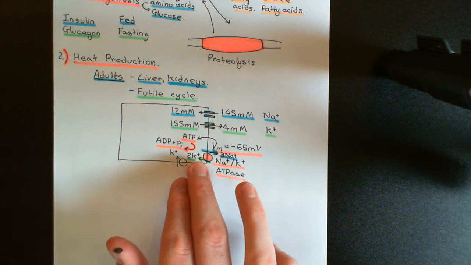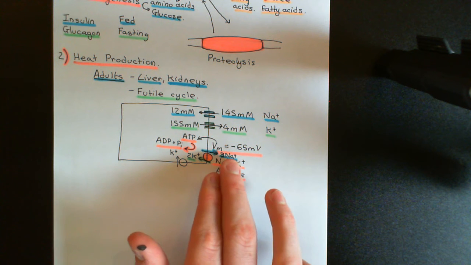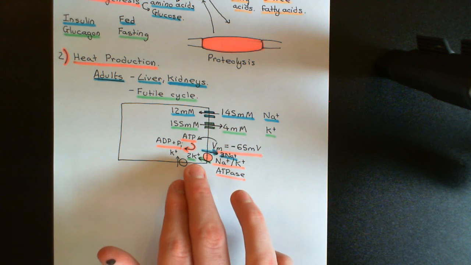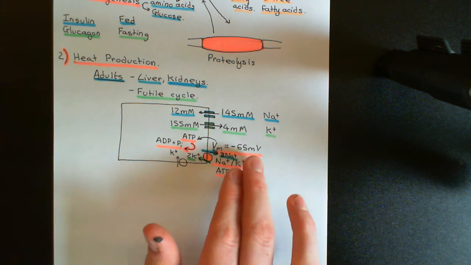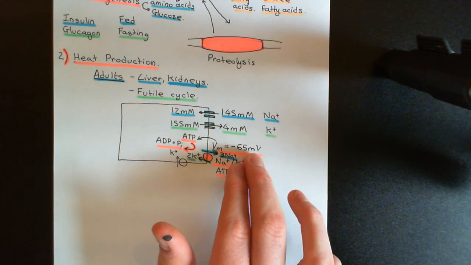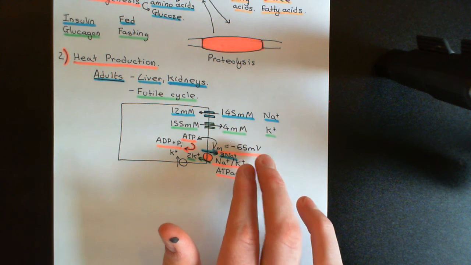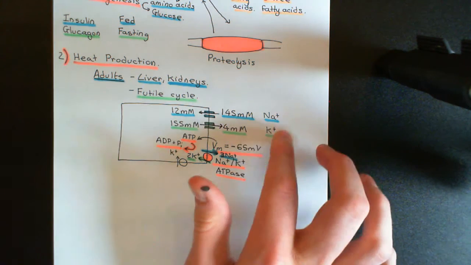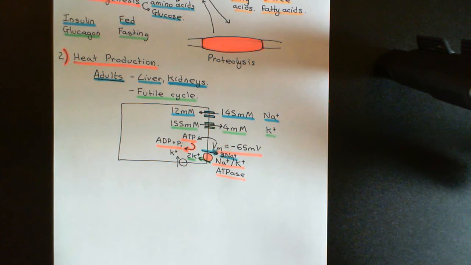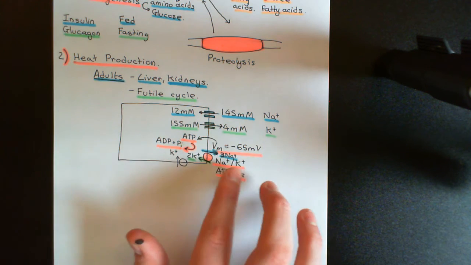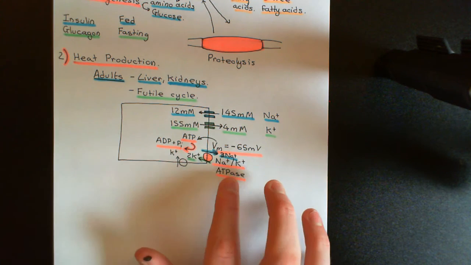Ignore the fact that it's unbalanced, that it moves 3 sodiums out and 2 potassiums in. The role of this is not to change the electrical potential difference across the cell membrane. This is built up by this, not by this. And that's a common misunderstanding, that this is the thing that's building up the electrical potential difference. It's not.